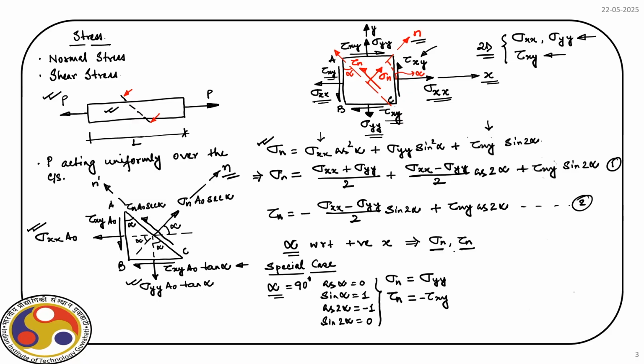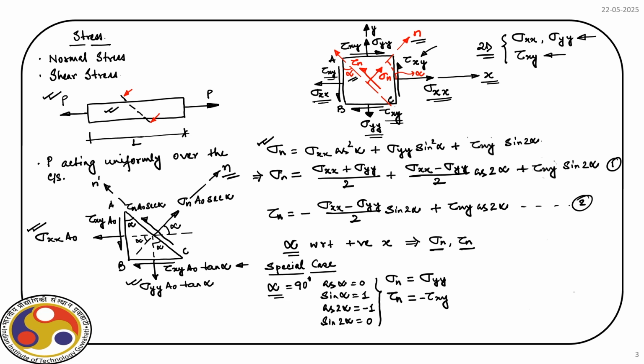So what we get is that our derivation is as per expectation, and we have sigma n and tau n acting over the plane defined by this alpha.